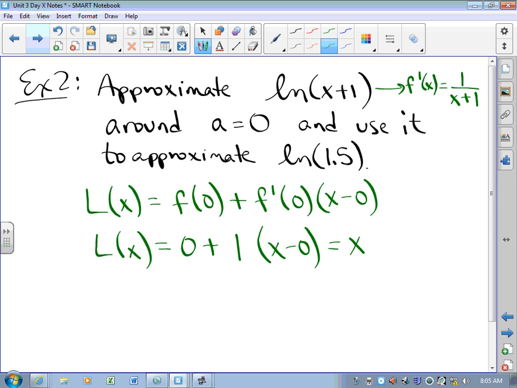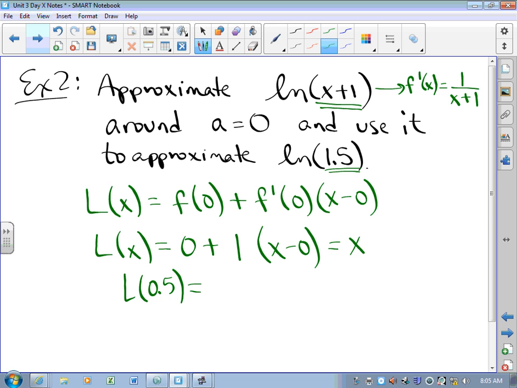And so if I'm interested in finding the natural log of 1.5, I have to find L of 0.5, because I want x plus 1 to equal 1.5.